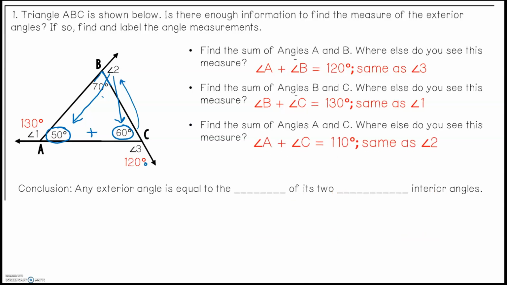So 60 degrees plus 50 is 110, which is the measure of exterior angle, angle 2. So in conclusion, any exterior angle is equal to the sum of its two remote interior angles. Okay, so remote, farthest away from our exterior angle.